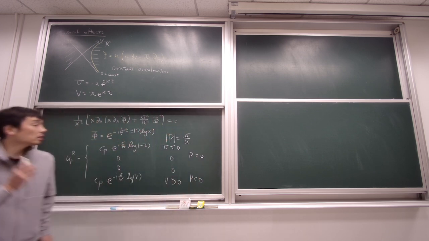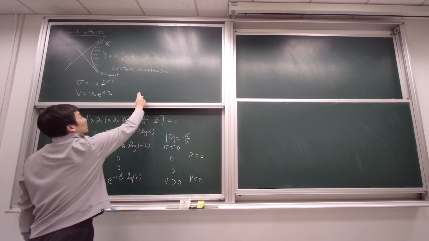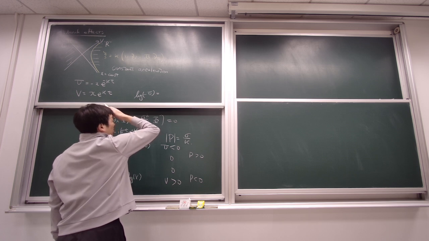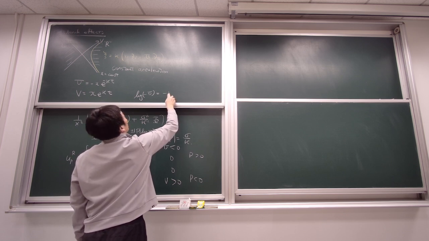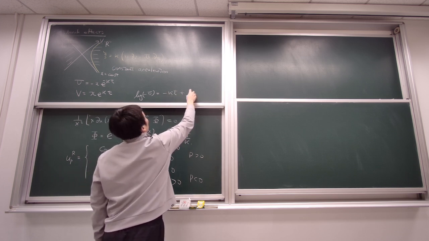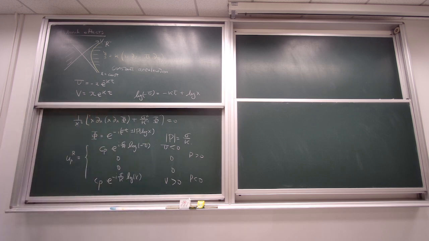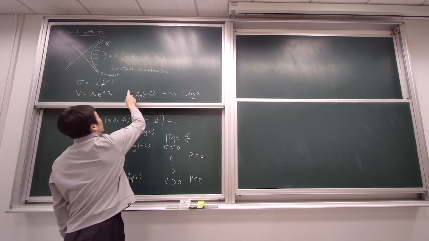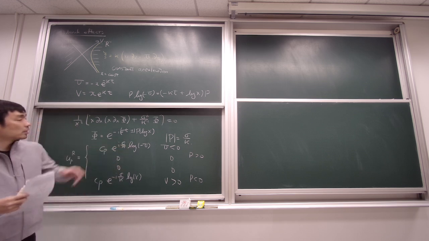Here you can easily see, just plug into this, log minus U is something like minus kappa t plus log x, right? And then if you multiply p times this one, you get this one.